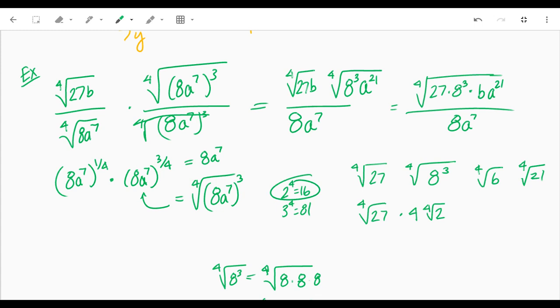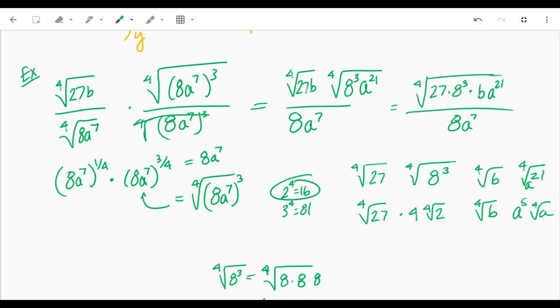That's tough. This is a tough problem. Again, if you're working on this and you want help, just call me over and I'll walk you through some of these. The fourth root of b, can't simplify that anymore. The fourth root of a to the 21: 4 goes into 21 5 times, so I can take out 5 a's and I'm left with 1.